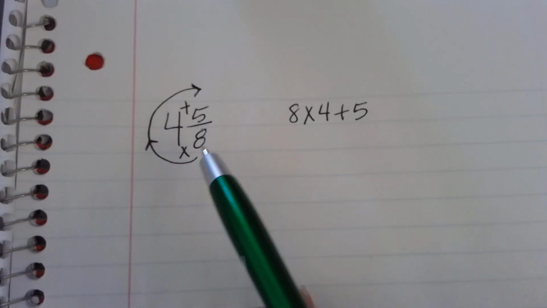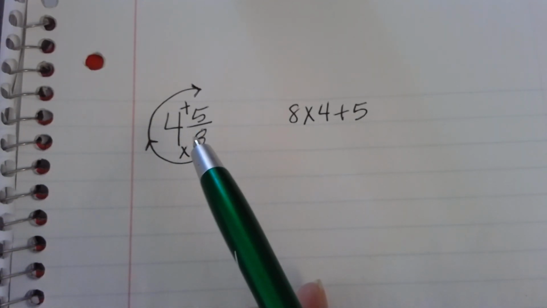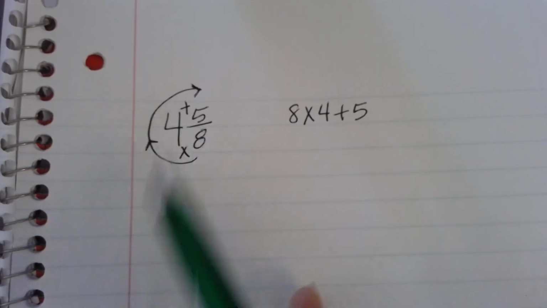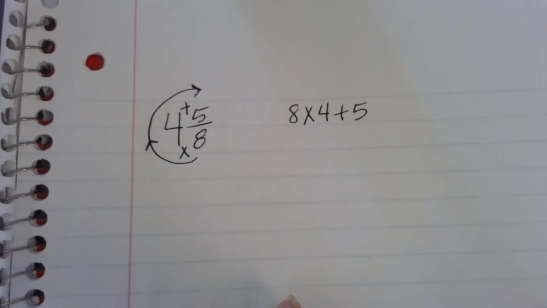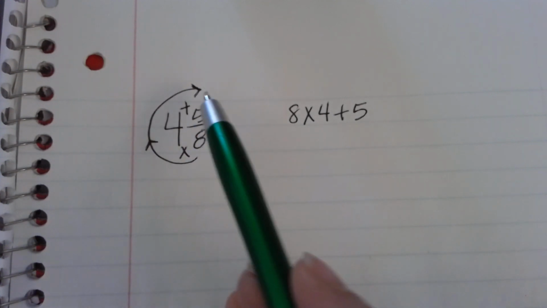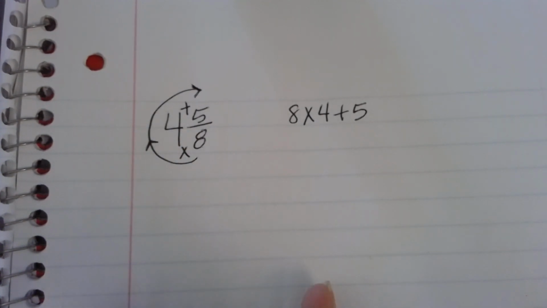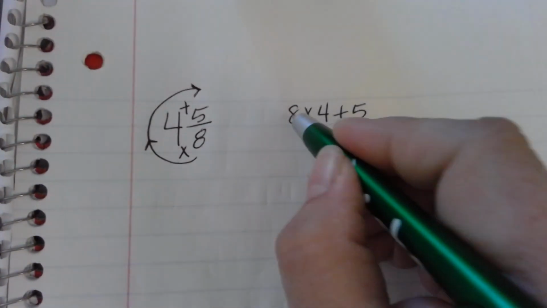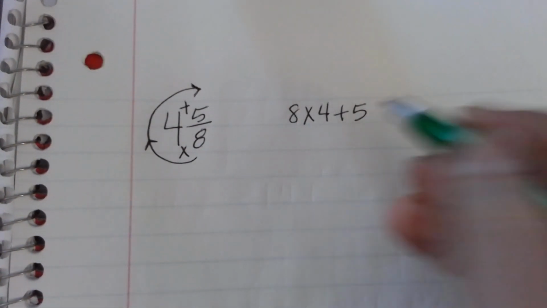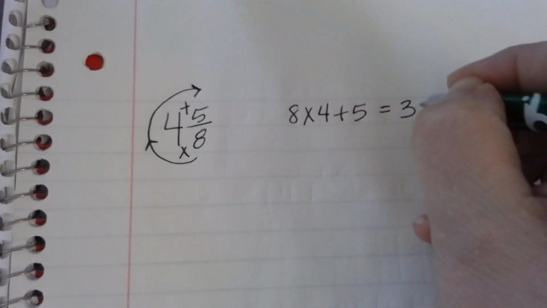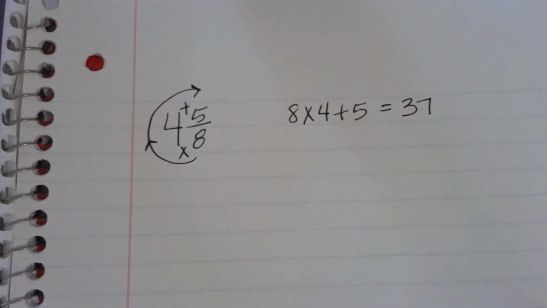The first 2 numbers that I am multiplying represent how many pieces my whole numbers hold. If I have 4 cakes, they have 8 pieces each. 4 times 8 tells me I have 32 pieces. Plus, I have my fraction, so I have another 5 pieces. So 8 times 4 is 32 plus 5 equals 37 pieces, which is my numerator.